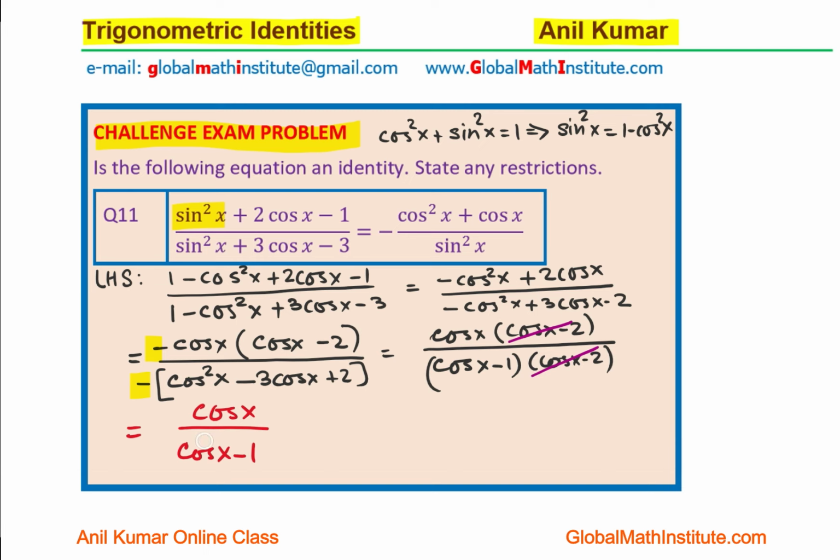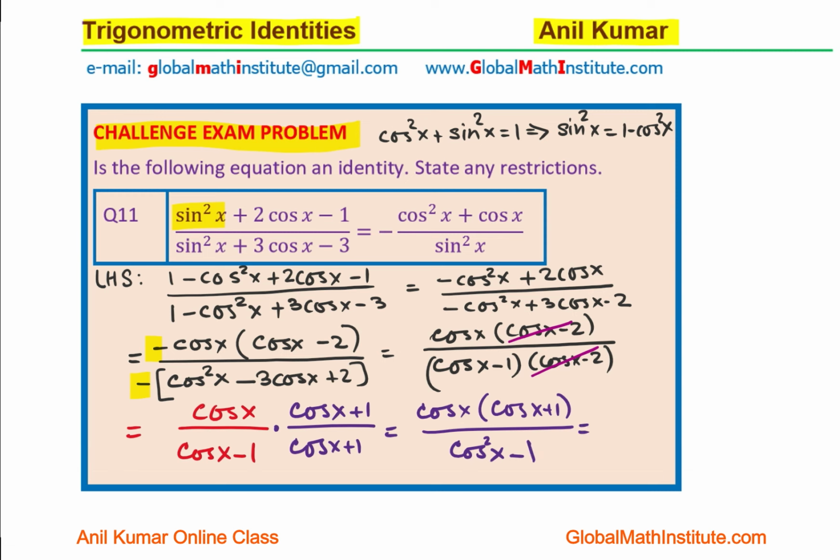Now, from here, to get the right hand side, what we could do is rationalize, right? So if I rationalize, I get cos x minus 1. So I could multiply this by another term, which is cos x plus 1, correct? And also divide by cos x plus 1. So that will give me what? Well, that gives me cos x times cos x plus 1 in the numerator, and the denominator will be cos square x minus 1, right?